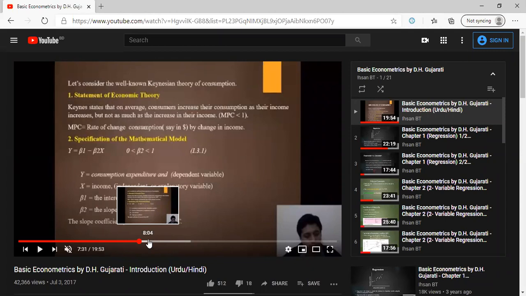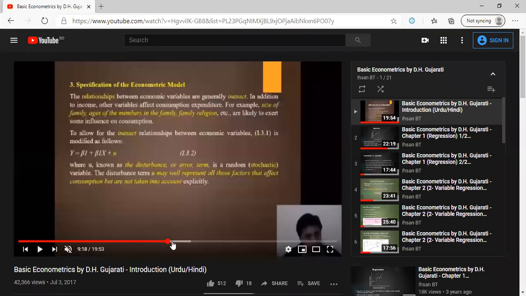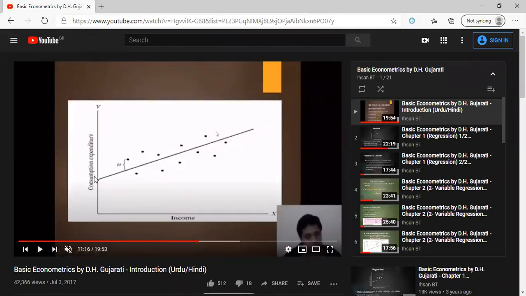However, you end up with a negative beta 2. Then what type of line will you draw? Upward sloping or downward sloping? Downward, Professor. So, are you making a big mistake or a small mistake? Big mistake. Suppose actually the line is like this, but you have drawn it the other way. Why did you draw it the other way? Because you got beta 2 negative. Yeah, so that's a big mistake.